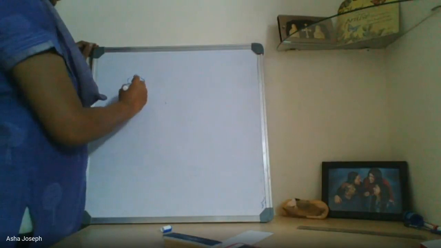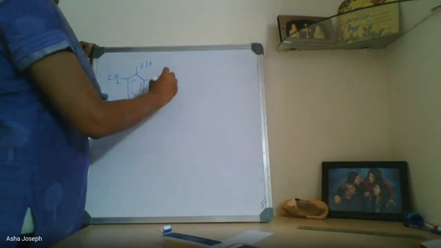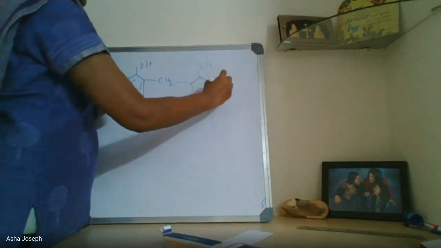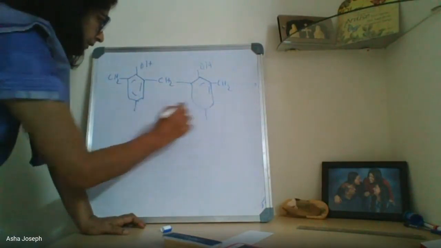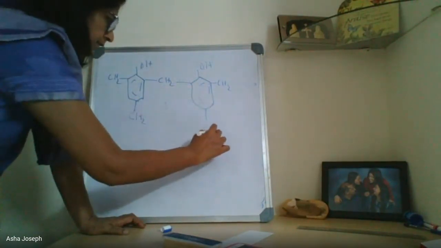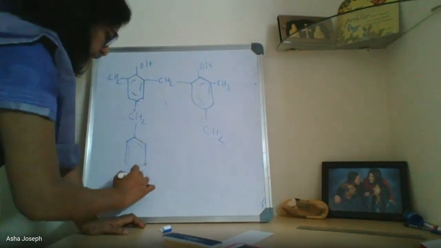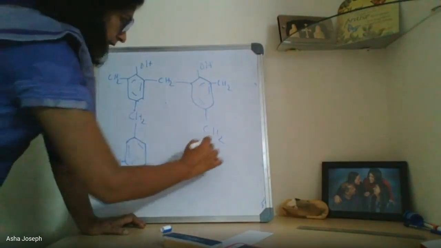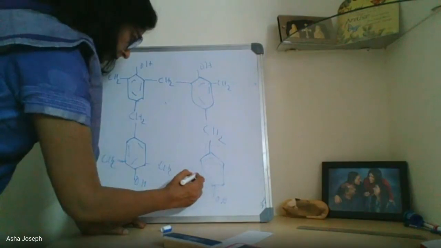How to draw, I will say. What novolac you remember now? OH connected by CH2, CH2, OH connected by CH2 going on. And here and here you put the CH2 connected by phenol. OH down, here CH2, here CH2, here connect by phenol, OH down, and the CH2 is here.